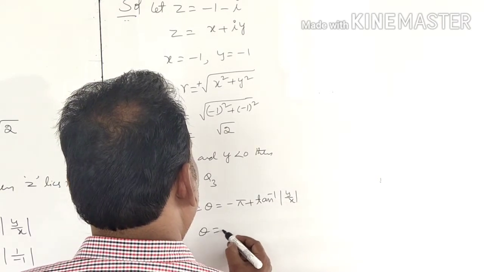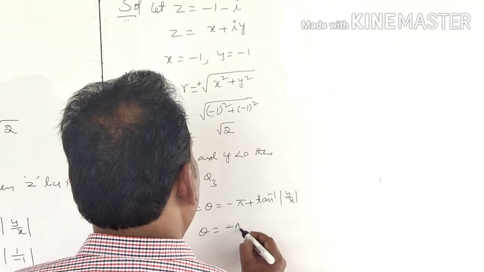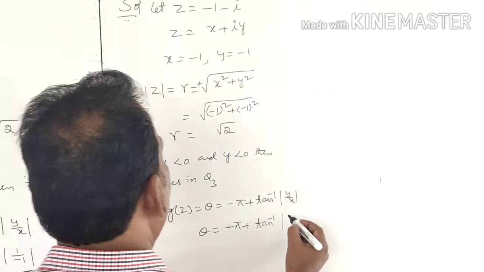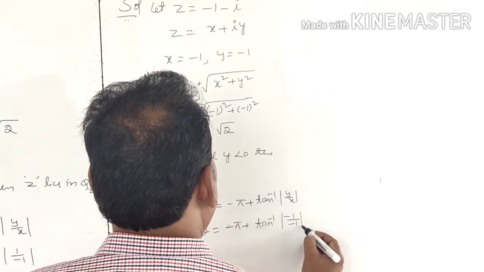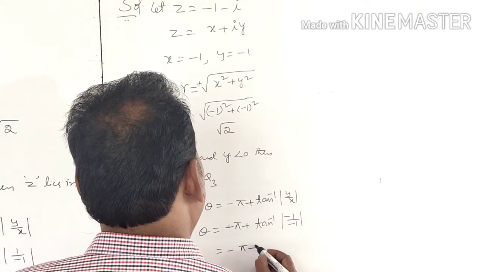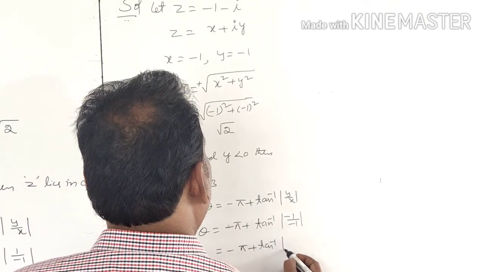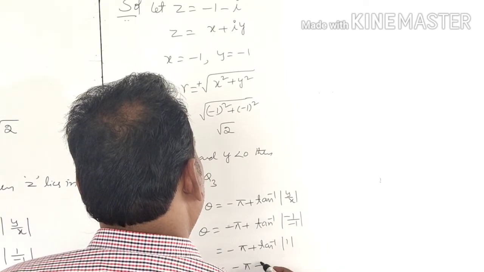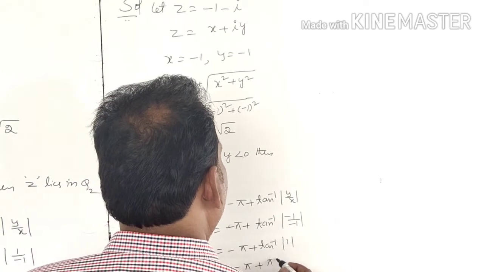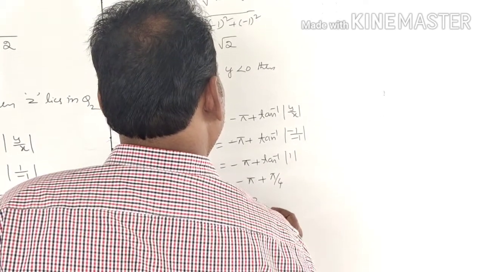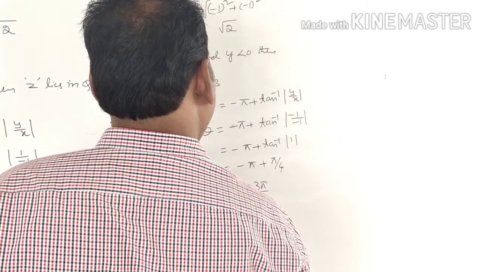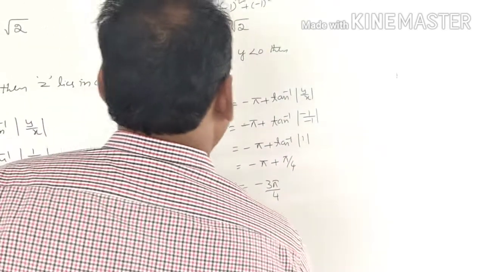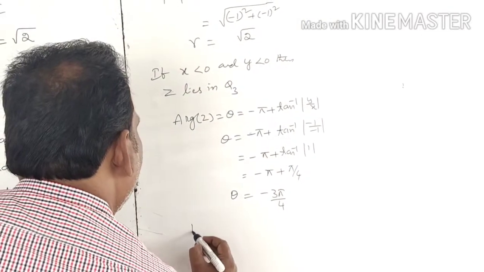So theta is equal to minus pi plus tan inverse mod of y value, y is minus 1 upon x is also minus 1. So minus pi plus tan inverse of mod of minus 1, gets cancelled, plus 1. So tan inverse 1 means pi by 4. If you make LCM, you will get minus 3 pi by 4, which is called argument of a complex number. Correct, students? Now you got theta and r value. Polar form.